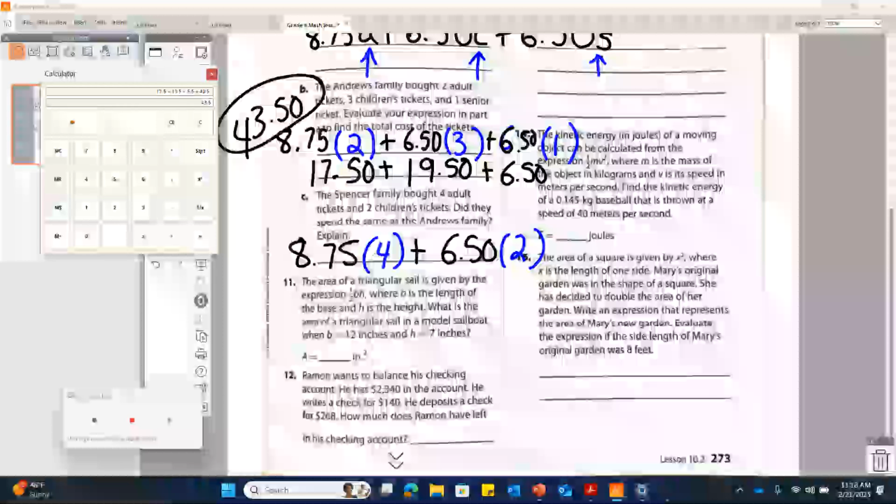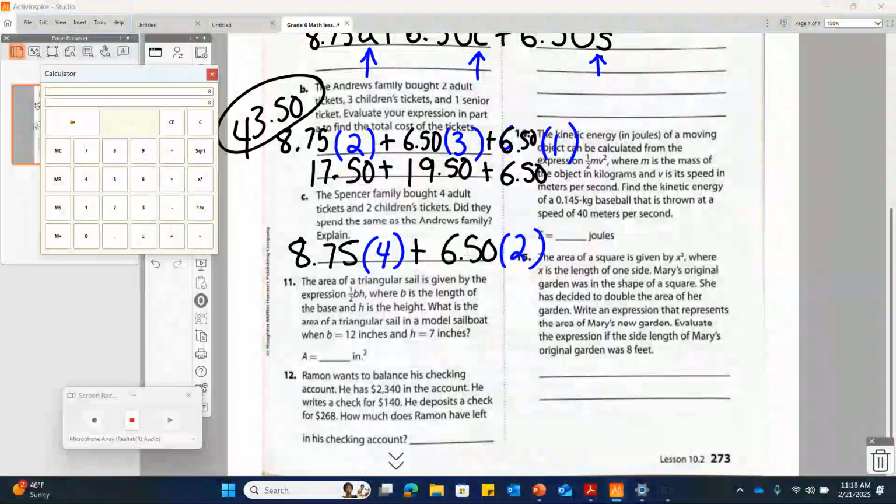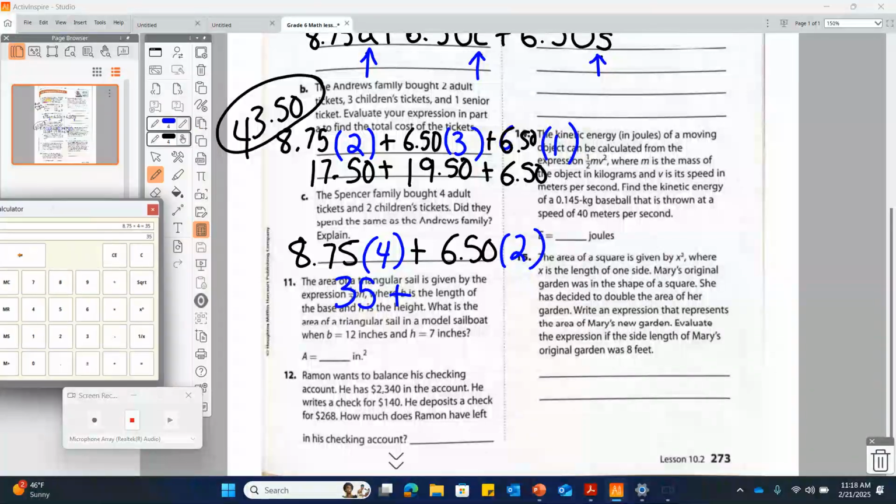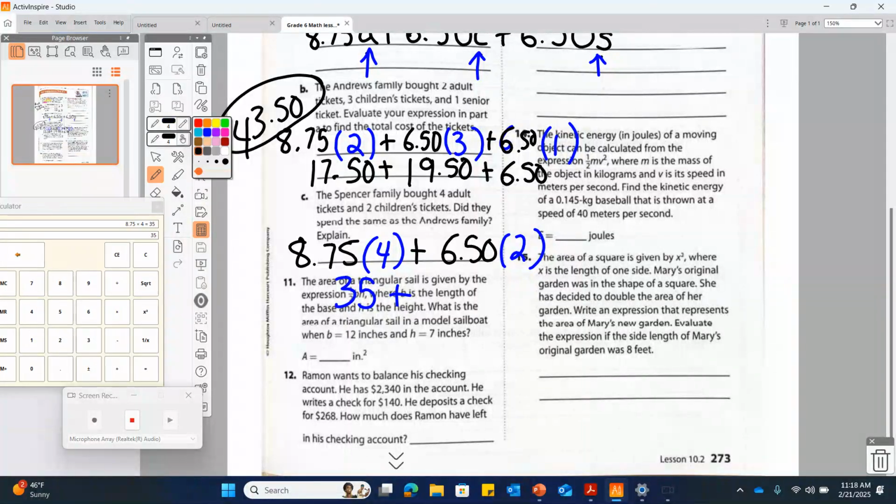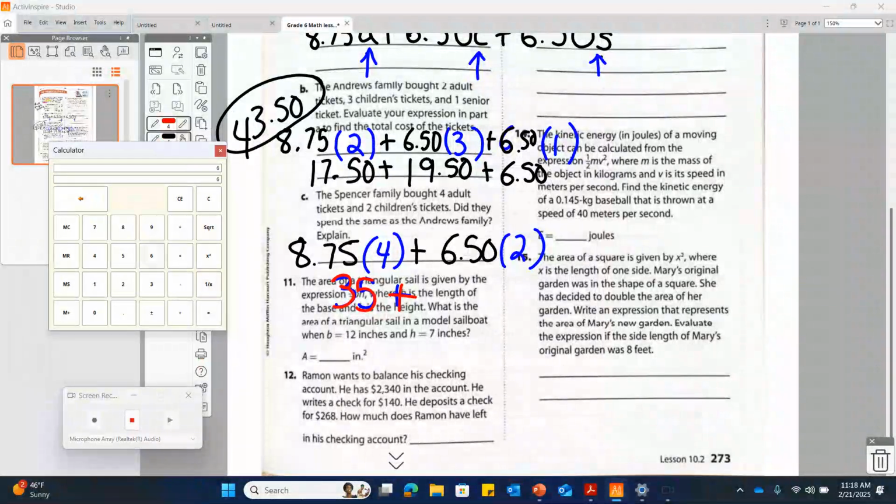8.75 times 4 is $35. Actually, let's do it in red so you can really see it. And then order of operations says I have to continue my multiplication. 13. 35 plus 13 is 48.